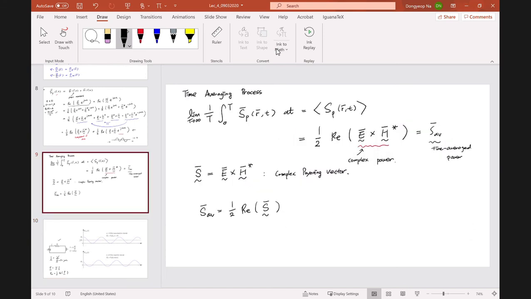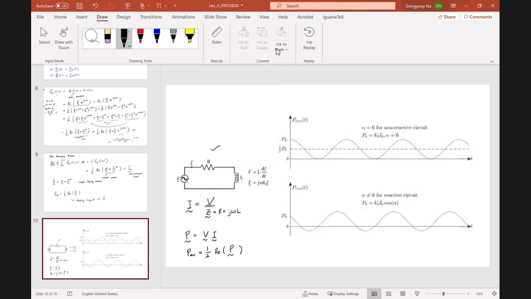But let me make a comment on the physical meaning of the imaginary component of this complex power. It's also more intuitive to observe what happens in circuit theory.